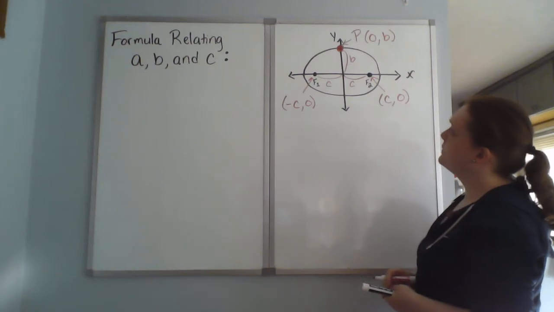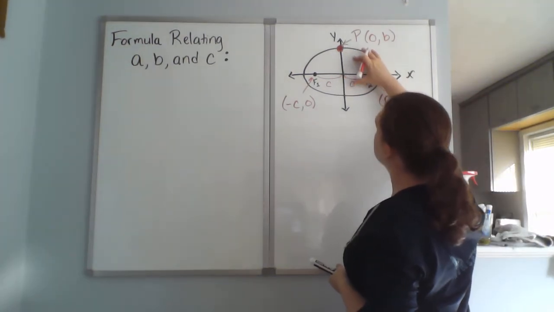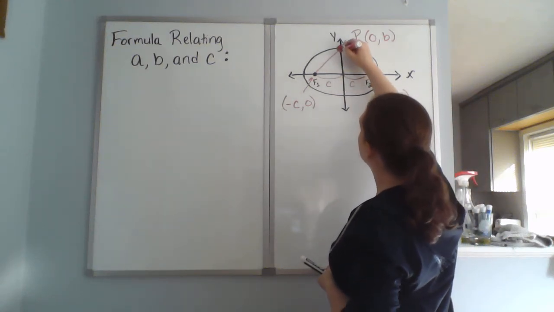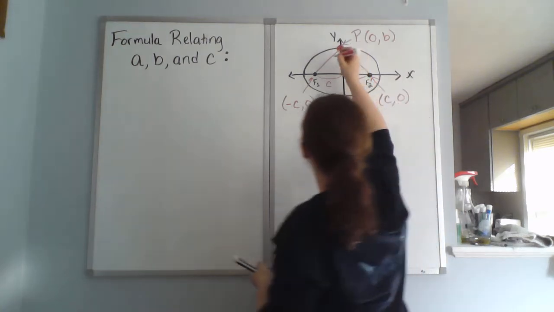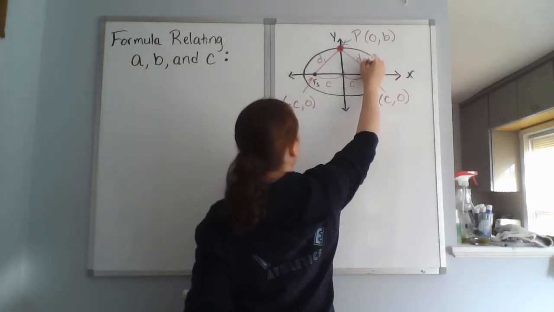So now what we're going to do is add in two lines connecting this point to the focal points, to the foci, all right? This distance is d1, and this distance is d2.